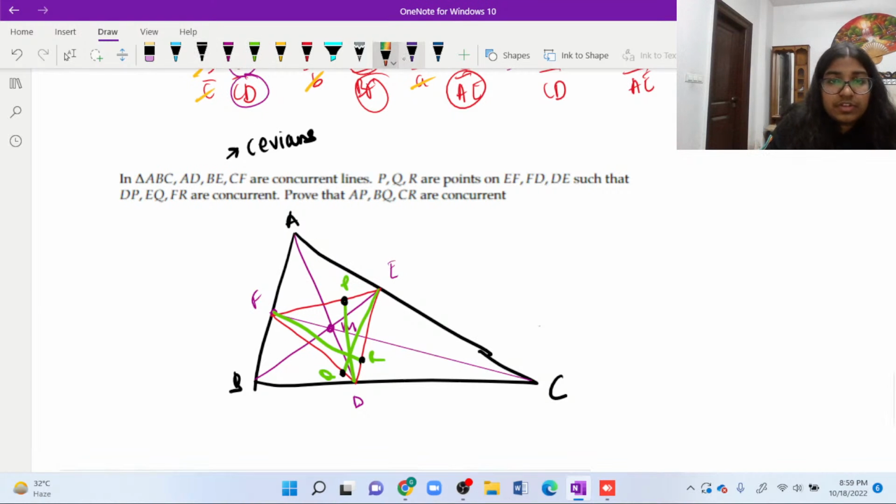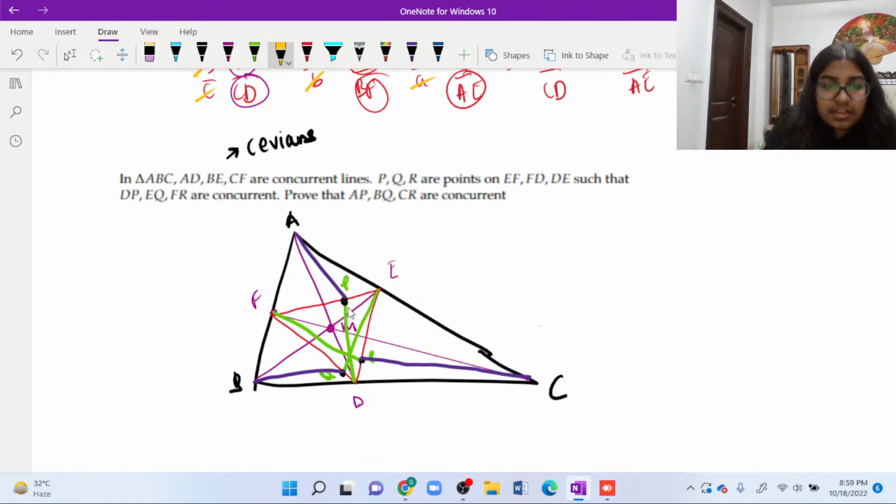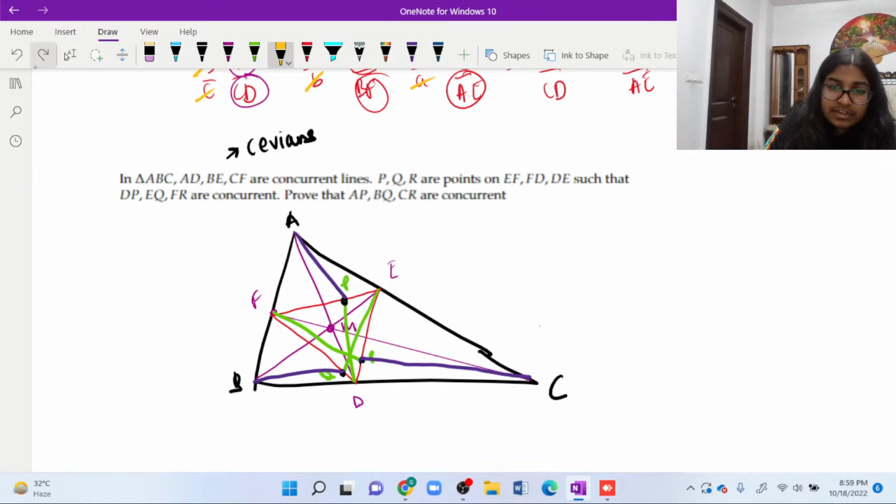We could extend these lines and try to find ratios here, but clearly the trigonometric form of Ceva's theorem would be a better idea.